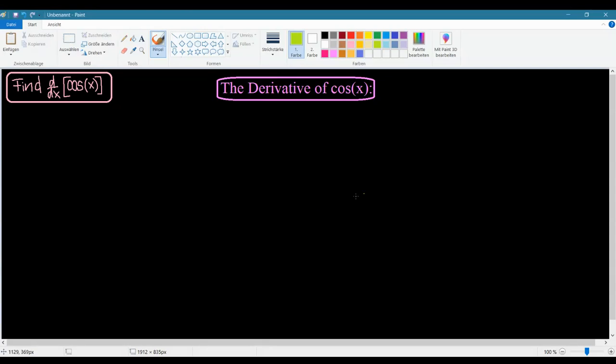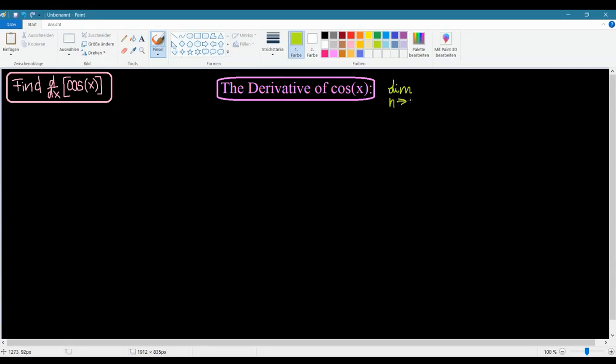So the first thing I'm going to do before we start is write down an identity and two rules that we need to remember so that we can prove the derivative of cosine x. The first one, if you remember correctly, from the beginning of calculus, but sometimes it's easy to forget things. There are so many identities, so many rules.